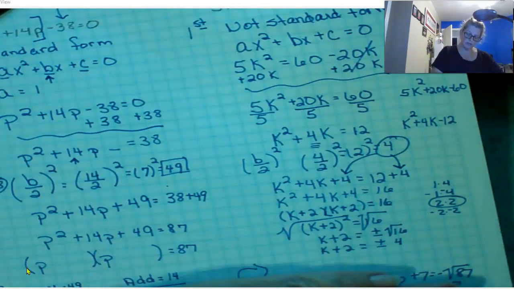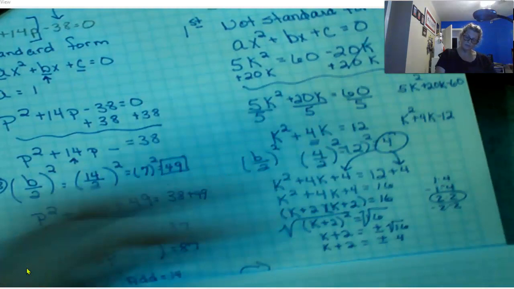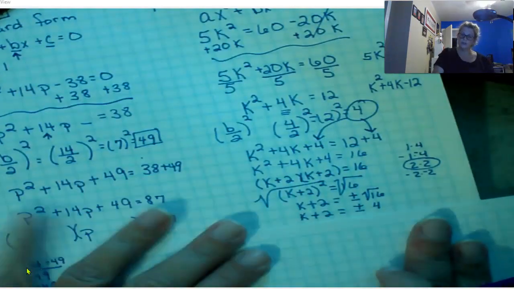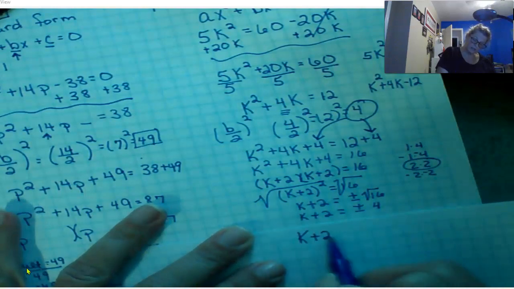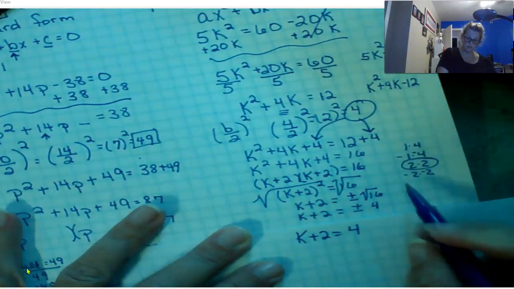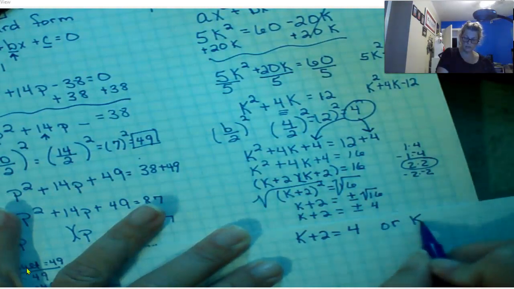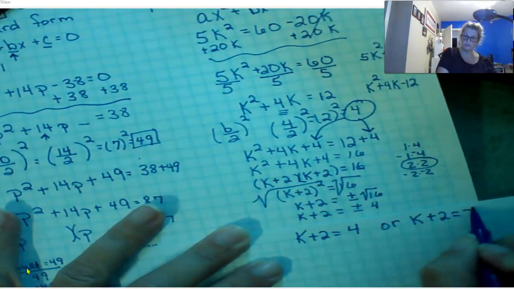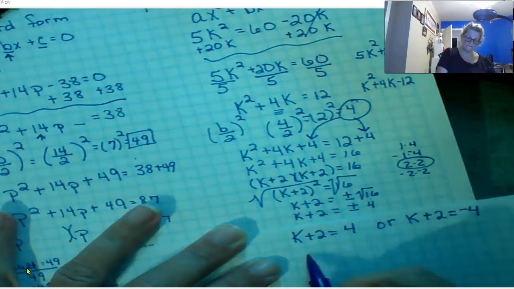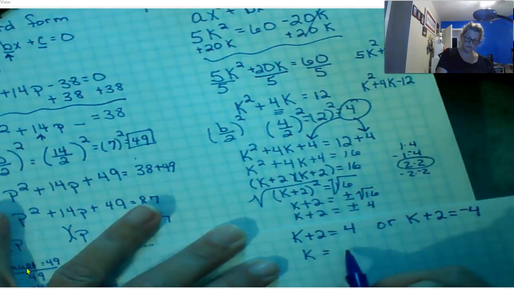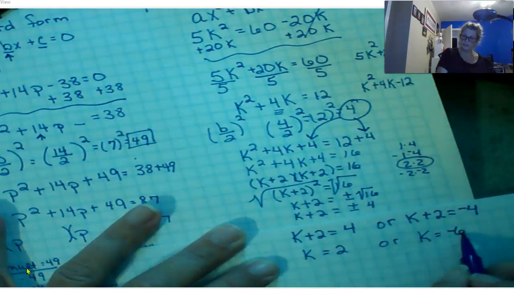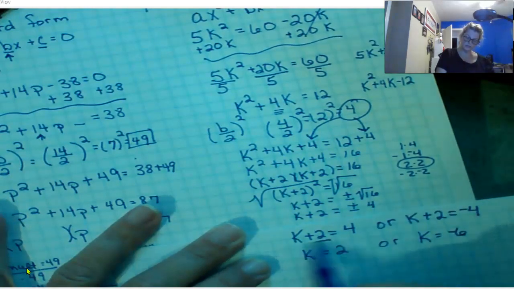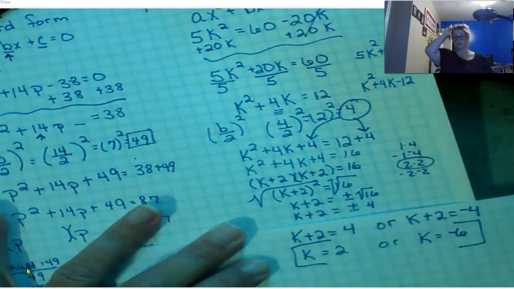We cover that up so we're not confusing ourselves. So here are our two equations: k plus 2 equals positive 4, or k plus 2 equals negative 4. K equals 2, or k equals negative 6. So those are the solutions.